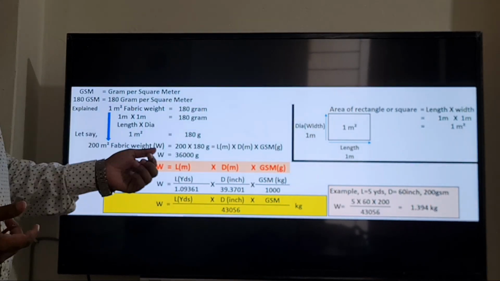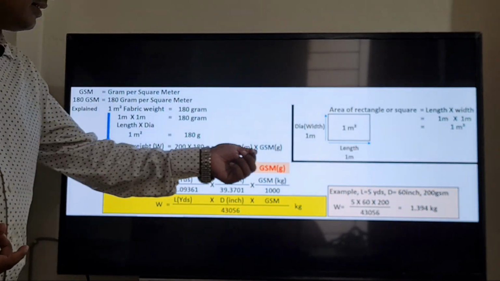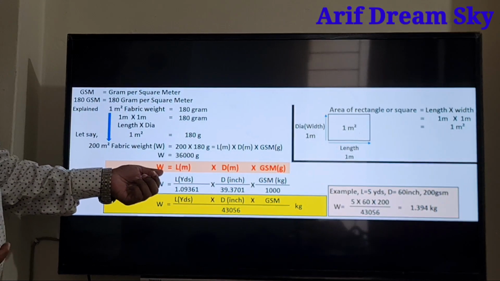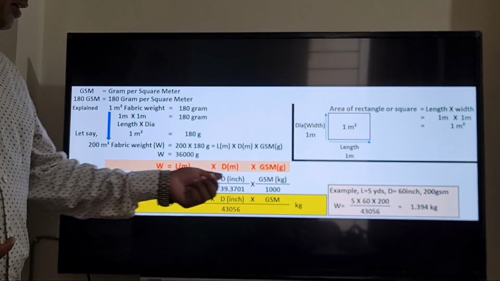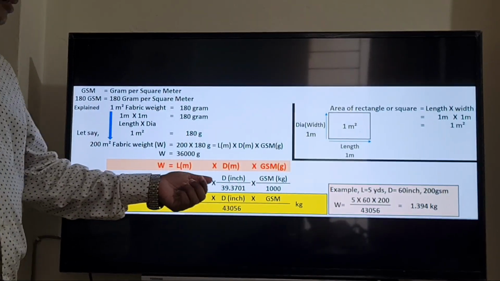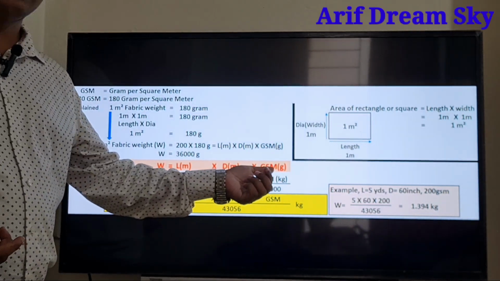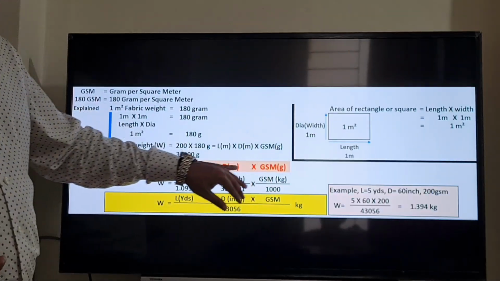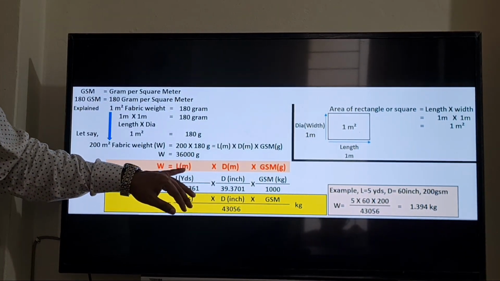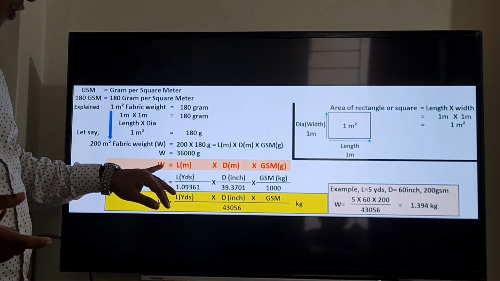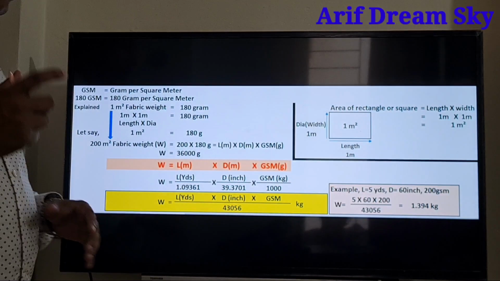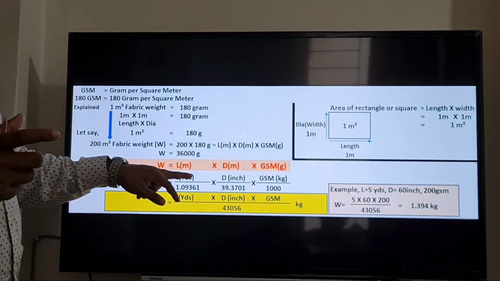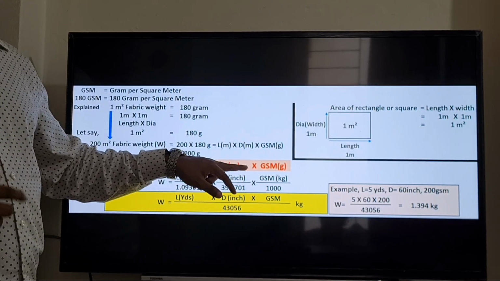So weight equals length into dia into GSM, where length is in meter, dia is in meter, and this is the GSM. This is basically the mother rule of the concept; every rule comes from this rule. So you have to remember this rule first. I think you are already clear how these rules come in.